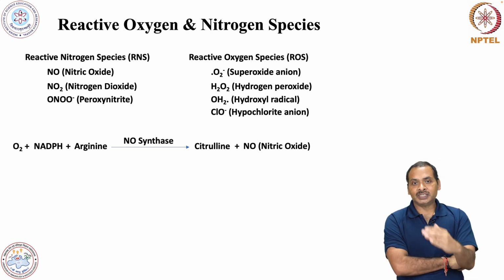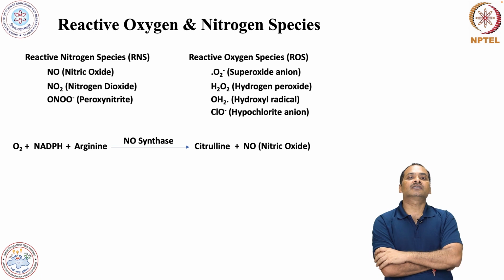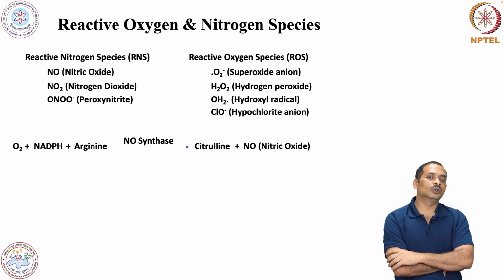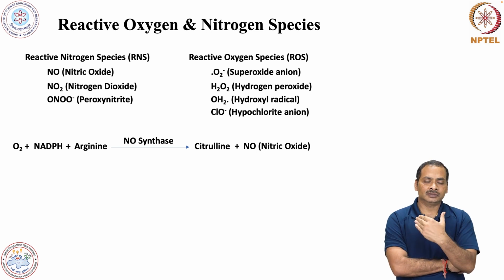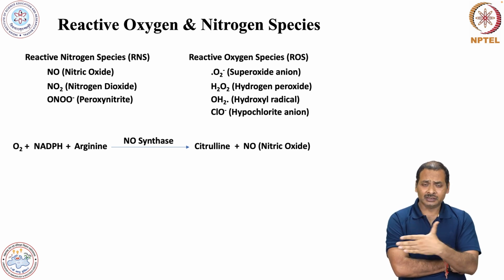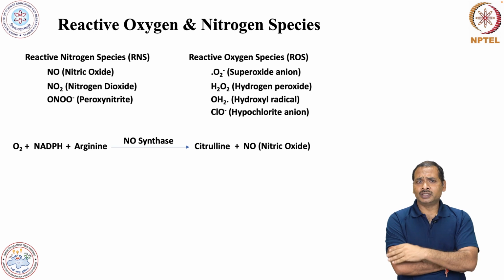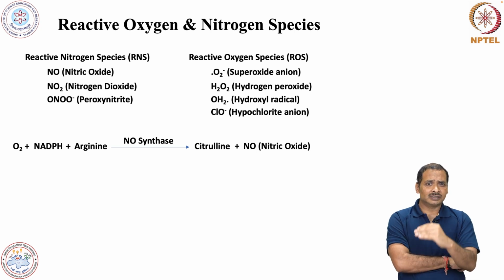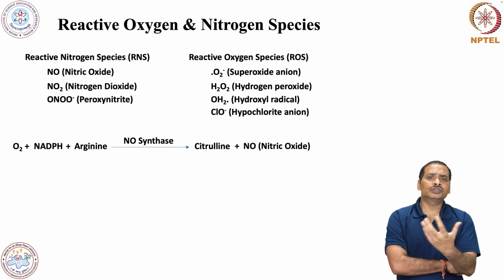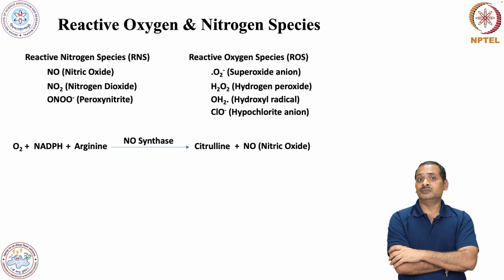Besides this, nitric oxide plays a very important role in a variety of situations. The most important is that nitric oxide is a vasodilator. So it means any source of nitric oxide can protect a human from cardiac arrest.